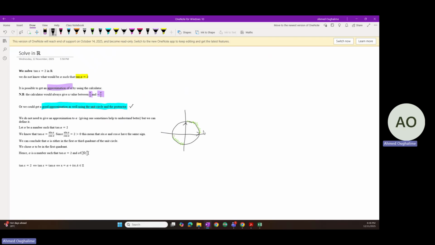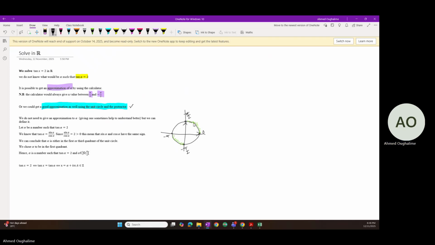So it's either between 0 and pi over 2 or between negative pi and negative pi over 2. It's just a matter of choice. Since tan alpha is positive, I'm going to pick alpha somewhere between 0 and pi over 2.